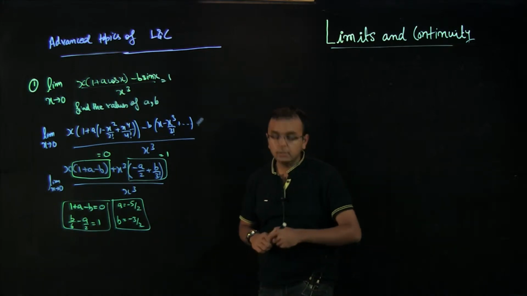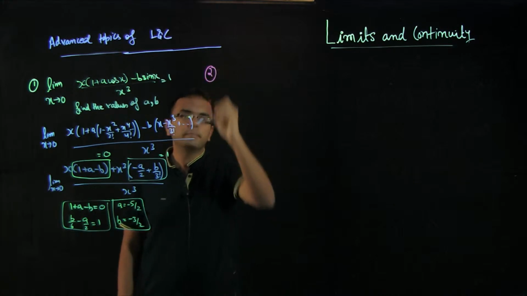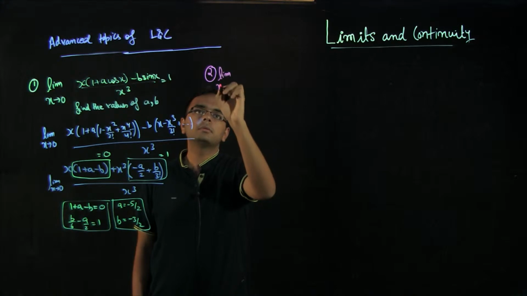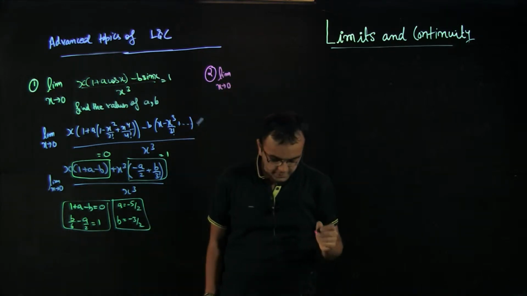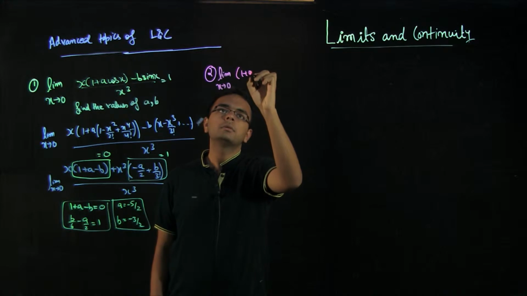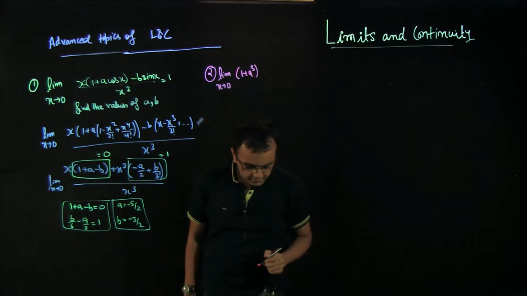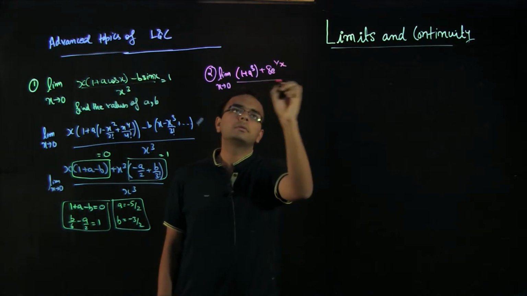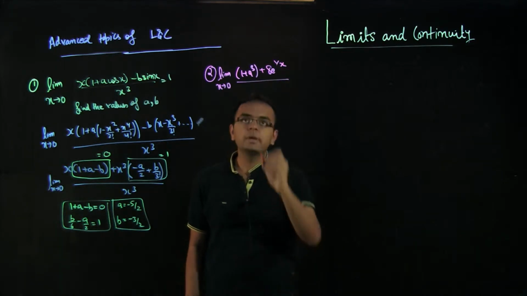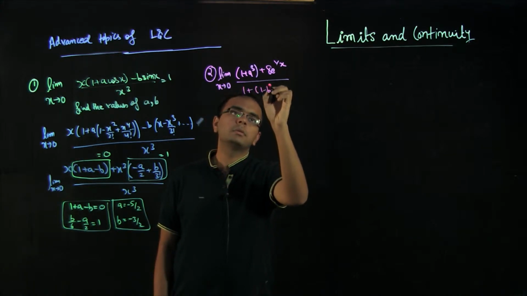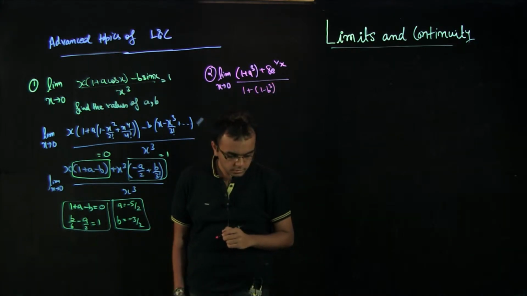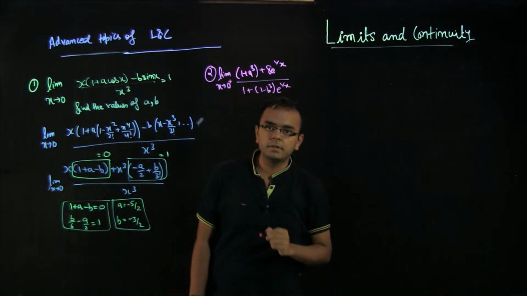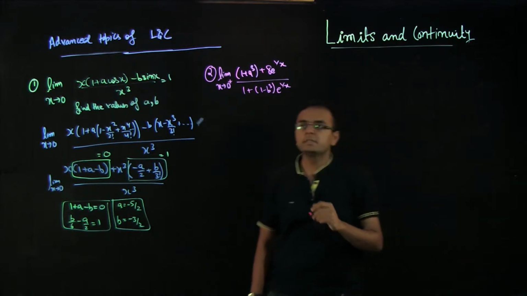Okay, now the next problem is: limit x tends to 0 positive of (1 + a cube plus 8 e raised to power of 1 by x) divided by (1 minus b cube plus e raised to power of 1 by x), and this is equal to 2.